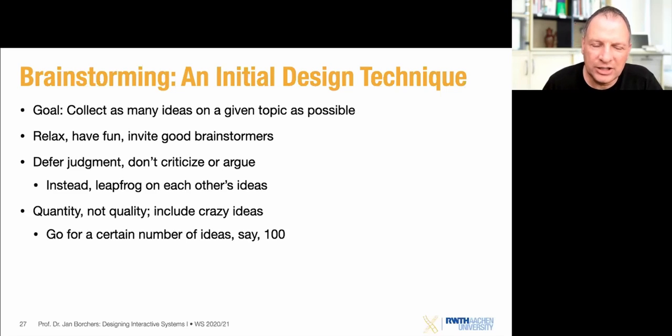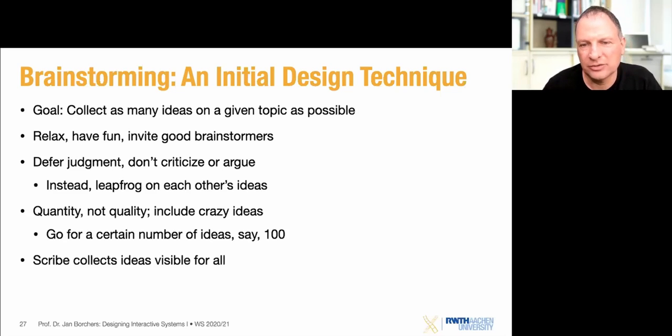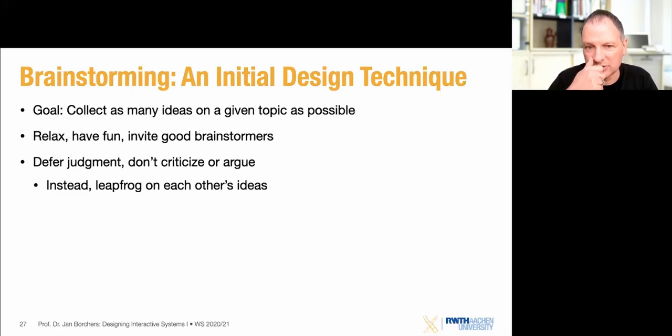It's often a good idea, if you have a group of people brainstorming, to have a scribe that collects the ideas visibly for everybody. If you're in a group of 5 or 10 people and everybody's shouting out ideas, then one person stands at the whiteboard and writes them down as fast as they can. The advantage is that everybody else doesn't have to worry about writing them down.